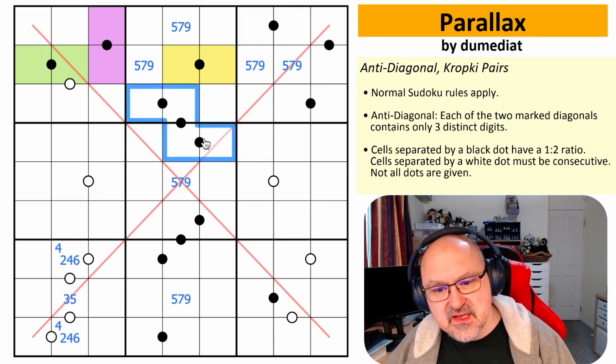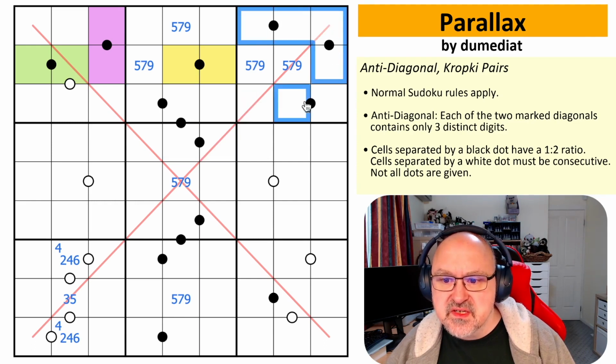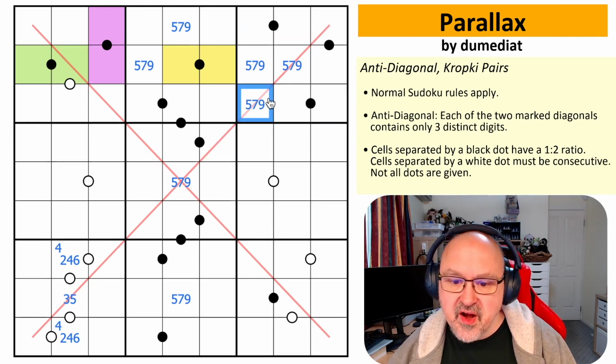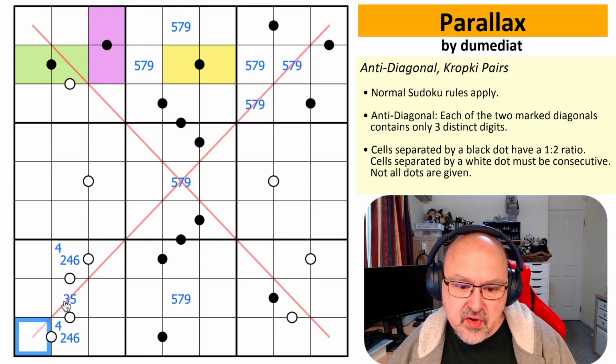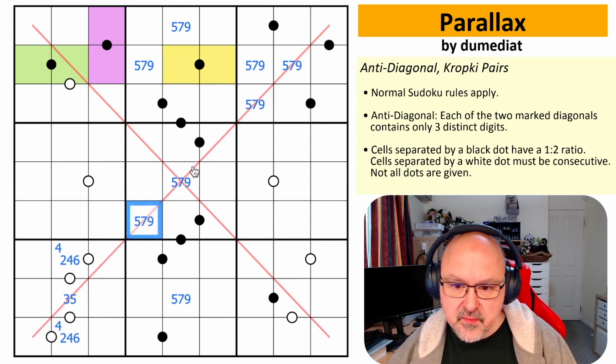Because these are also... Well, this is... Hang on. This box is the same thing. This is 5, 7, or 9. I have to get another 5, 7, or 9 down here, which makes sense because these are all odd. But this has to be 5, 7, or 9 because I can't put it there.